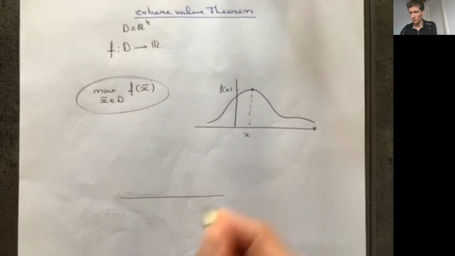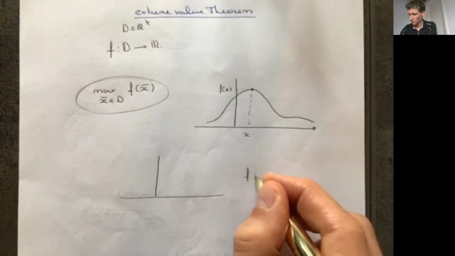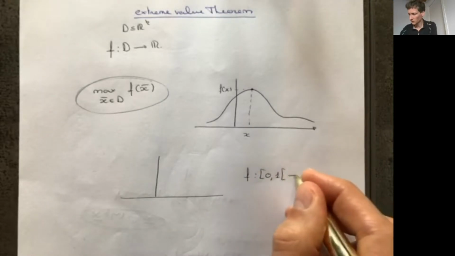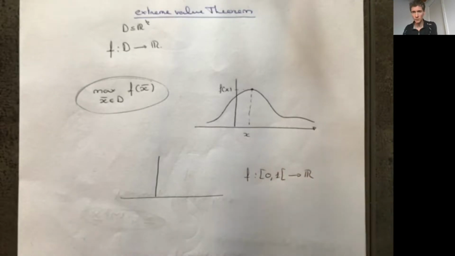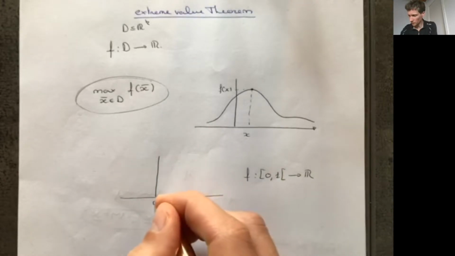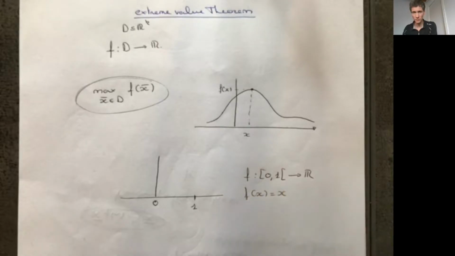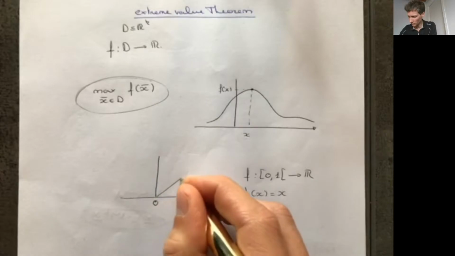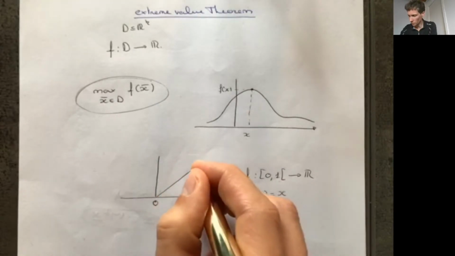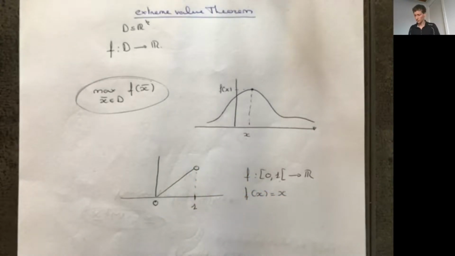So let's give two examples. For example, let f be a function from the interval 0, 1, excluding 1, to R. And let me draw this function. Here we have 0, here we have 1, and for example, let f of x be equal to x. This is the 45-degree line, but the domain excludes 1, so here we don't have a value at point 1.